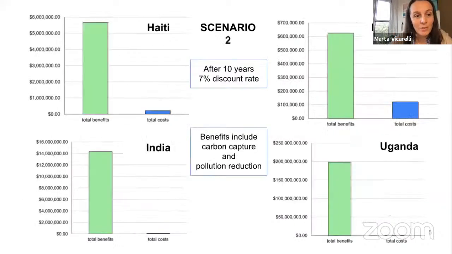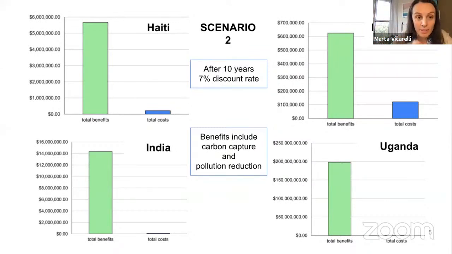Now, in the next slide, here we take into account carbon capture and sequestration. And as you can see, the difference between the green, which is the present value of benefits, and the blue, the present value of costs, is even bigger when you take into account this additional component. We were able to measure carbon capture and pollution reduction thanks to a program called I3 that allows us to perform these calculations.